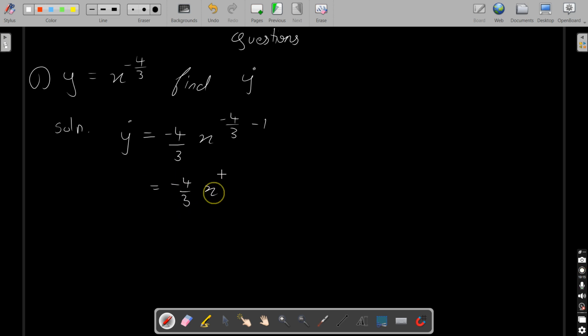Minus 4 upon 3 x to the power minus 4 upon 3 minus 1, which is 3 upon 3. So minus 4 upon 3 minus 3 upon 3, it means minus 7 upon 3.